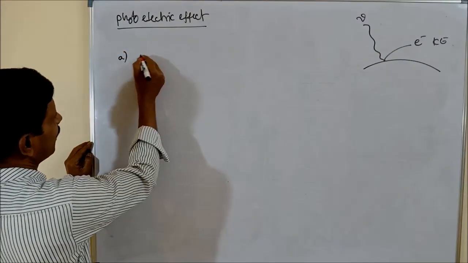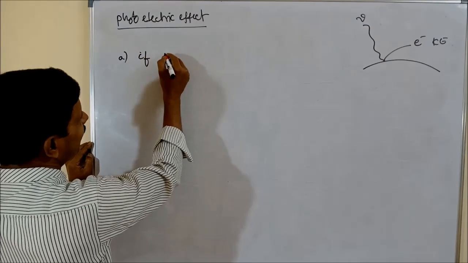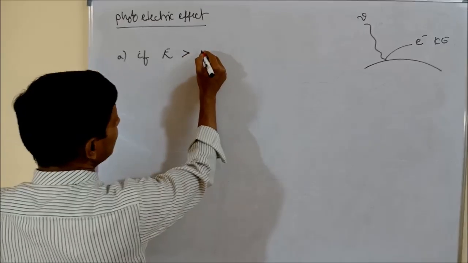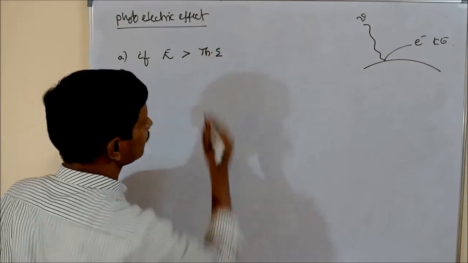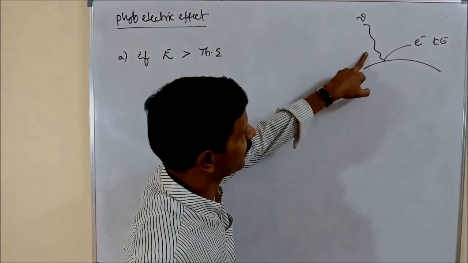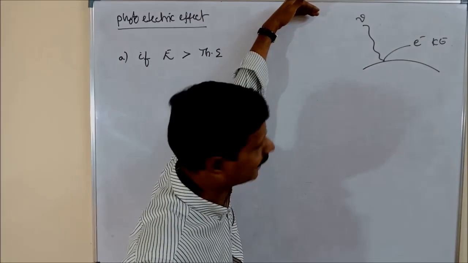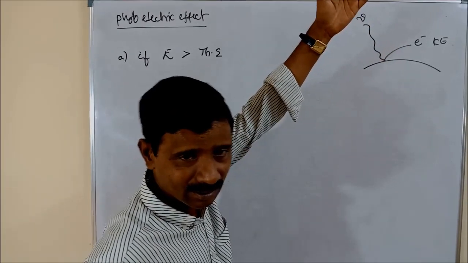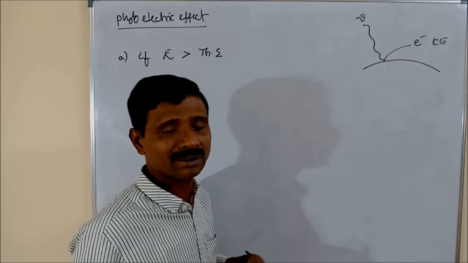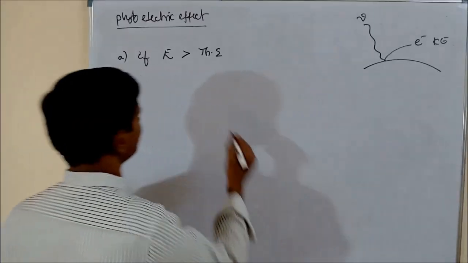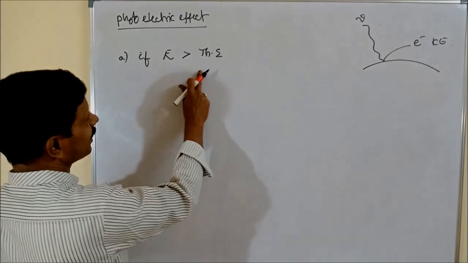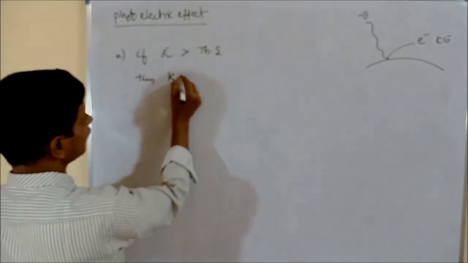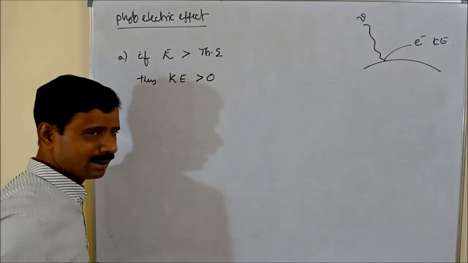First, if the incident energy E is greater than the threshold energy, the utilized energy, then the electron escapes from the metal surface and its kinetic energy is greater than 0. So in this condition, no doubt, the kinetic energy Ke of the electron is greater than 0.